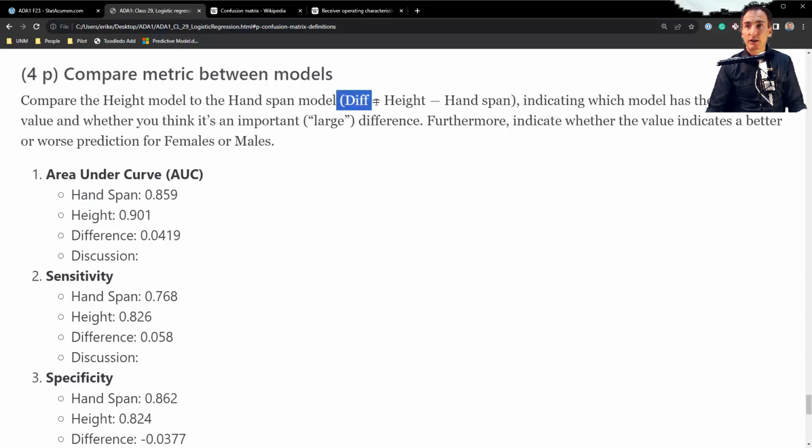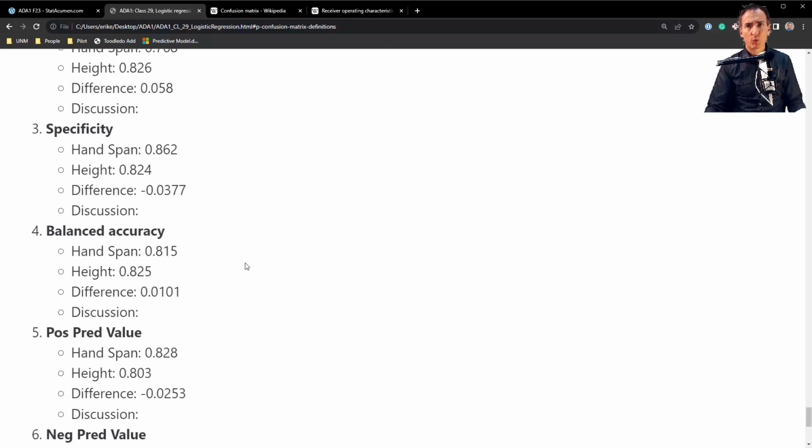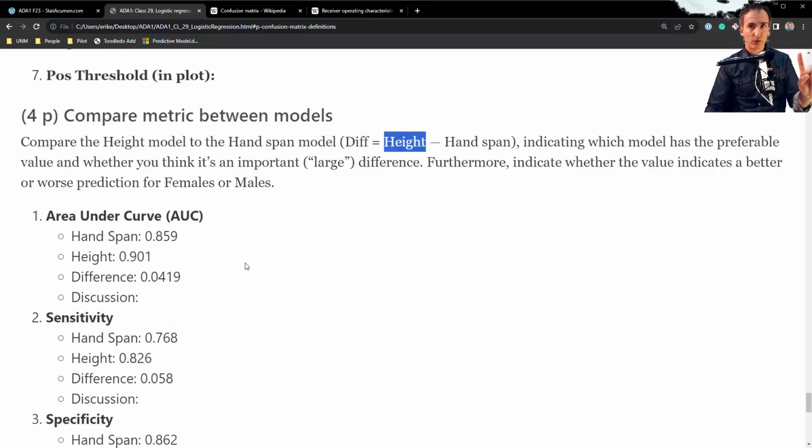I calculate the difference here. I use handspan as the baseline model, so the value of difference is height minus handspan. If this is positive, height is better. And if it's negative, then height is worse. I think for all of these statistics, larger is better. We want all of them to be close to 1.